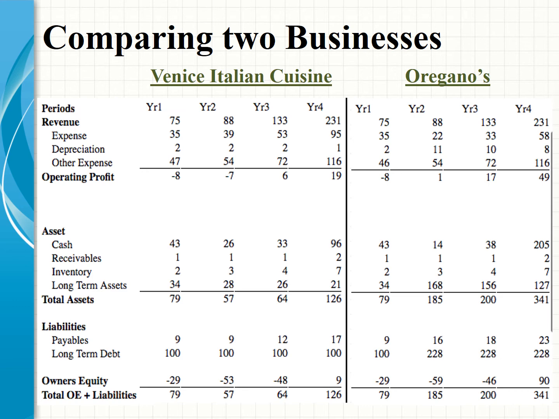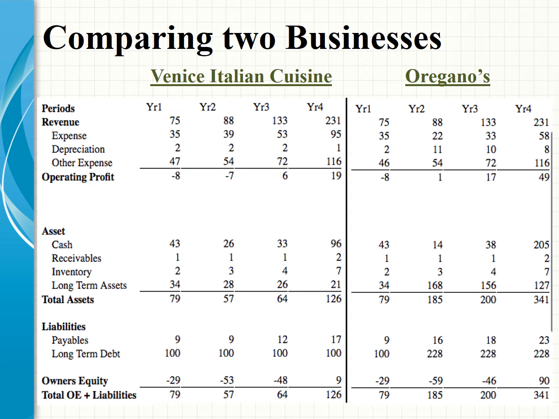By the end of year 4, the restaurant's reputation had spread throughout the community. Its name became synonymous with delicious Italian food. Customers enjoyed the fine dining experience and upscale ambiance at Venice Italian Cuisine. Customers found the prices reasonable and were happy with the delivery and diversity of the menu.